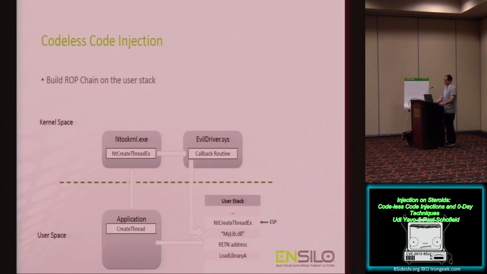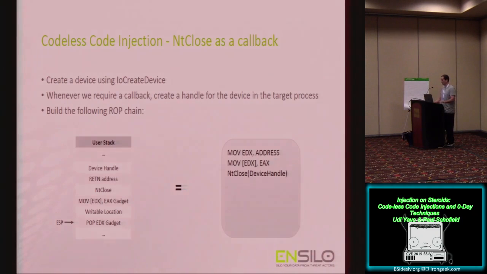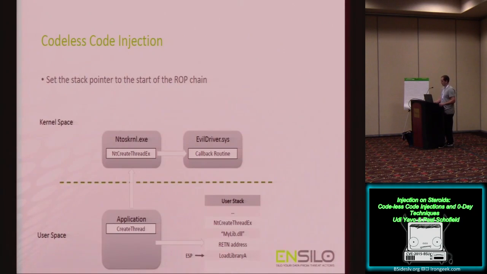We can build some ROP chain, for example, to load a library, then alter the stack pointer to the start of the ROP chain, and when the system call returns, the ROP chain will execute. But as I said, we won't add new code, so loading a new library is kind of cheating. We do it without loading our own library into the process.